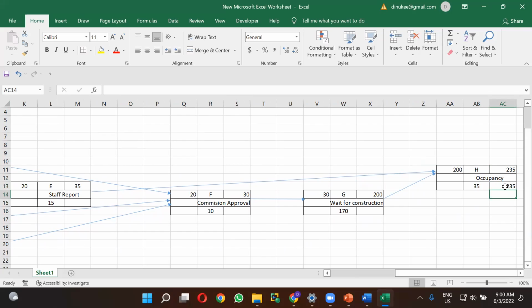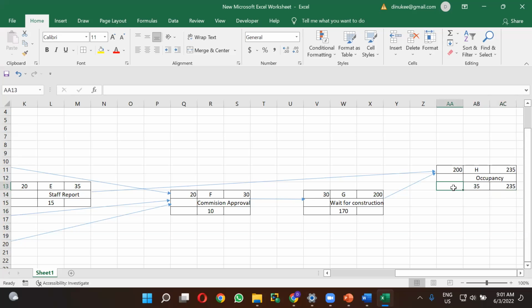Right? And now we are going to do the backward calculation. You know now the late finish time is 235. From the late finish time, you have to deduct the duration of the particular activity. So from 235, deduct the 35.